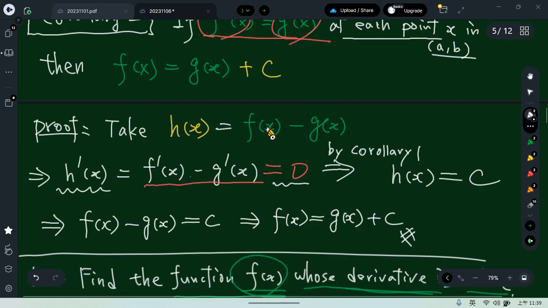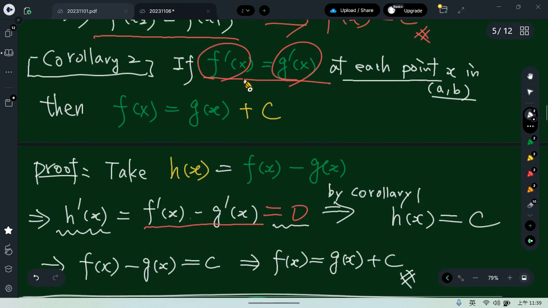Because corollary 2 tells us that if these two functions, f of x and g of x, have respective derivatives f prime x and g prime x that are the same, then we can conclude that the difference between f of x and g of x is a constant c.